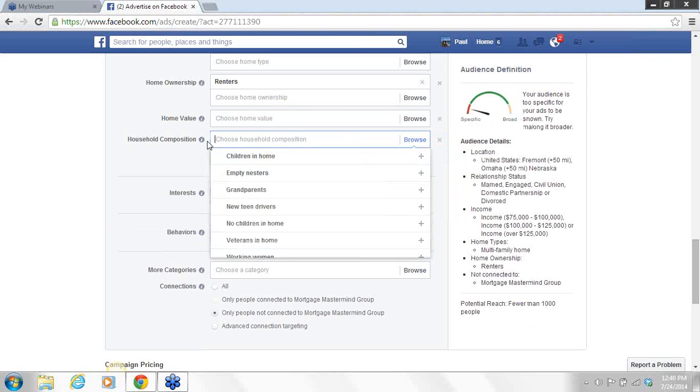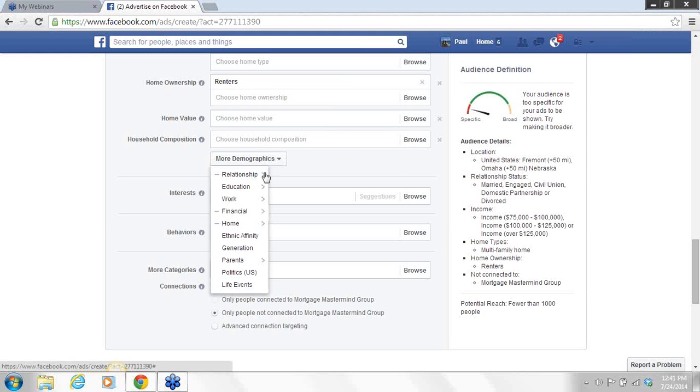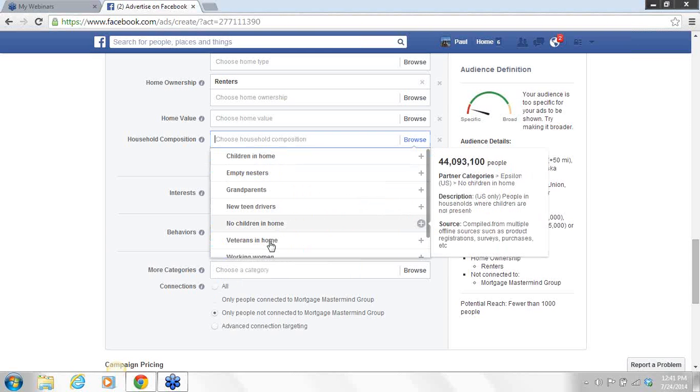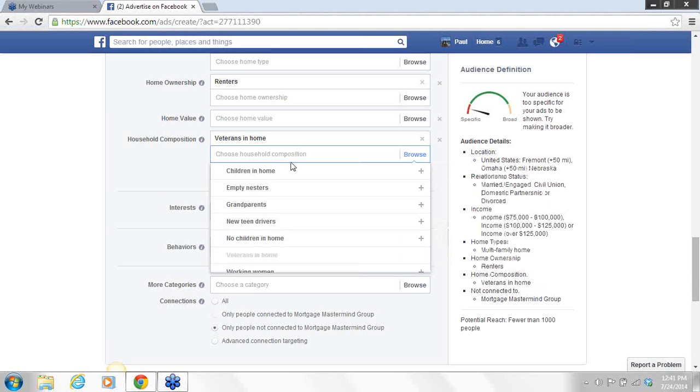So if you come under the demographic, more demographics, home, and then choose household composition, you can choose veterans in the home. Could be them, could be somebody else, but all the people that have a veteran in the home. Now your ad's going to be seen by those people. Huge, huge advantage there.